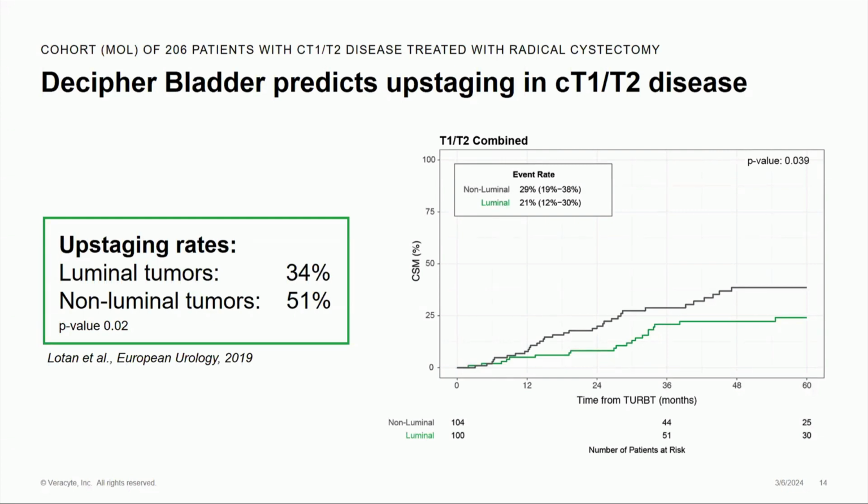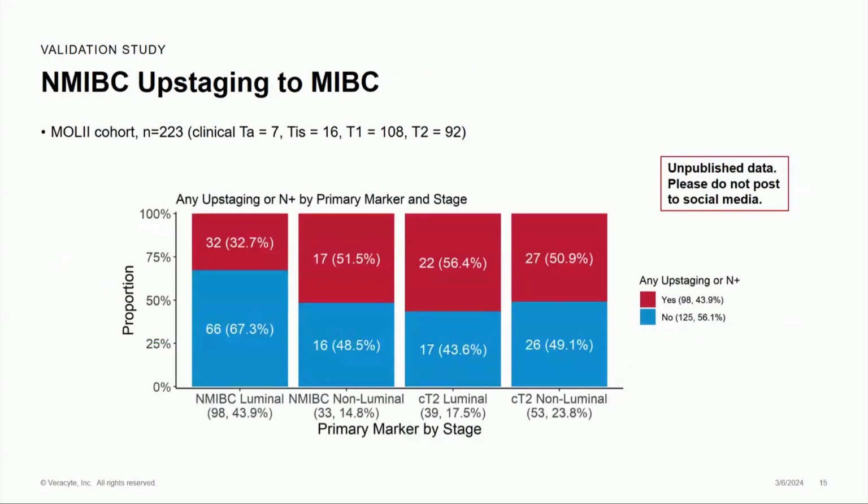So there is some predictive nature to it as well, right? So this builds on that. Not only do your luminals just do better, and maybe not need chemo, but there's evidence that the others actually benefit from chemo. So there is some predictive aspect to it. We're going to get there in a couple of slides.